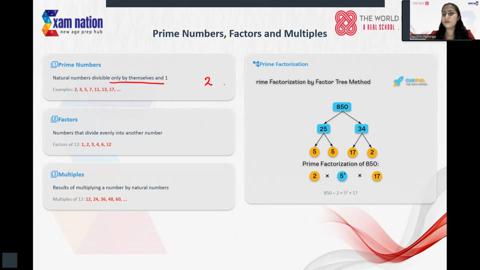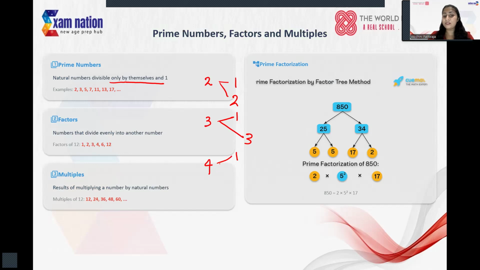If you consider number 2, can we divide number 2 by any number like 3, 4? No, we cannot. We can divide 2 by only 1 and 2, right? And consider 3. 3 we can divide by only 1 and 3. If you consider 4, can we divide 4 by any number?